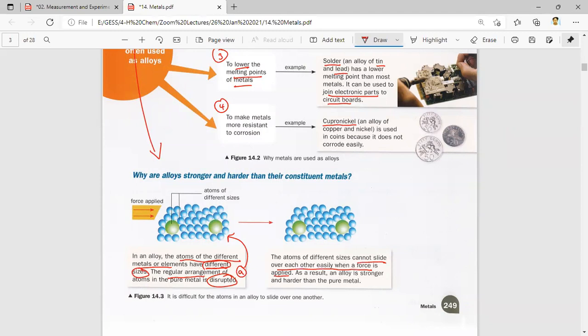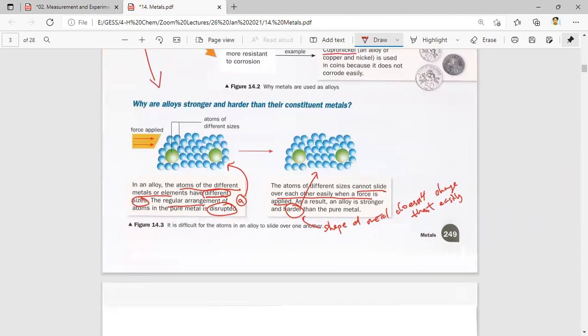Since they cannot slide over one another easily, they are harder, because when you hammer, the shape of the metal doesn't change that easily. So I hope you have a better appreciation of why alloys are used instead of pure metals.